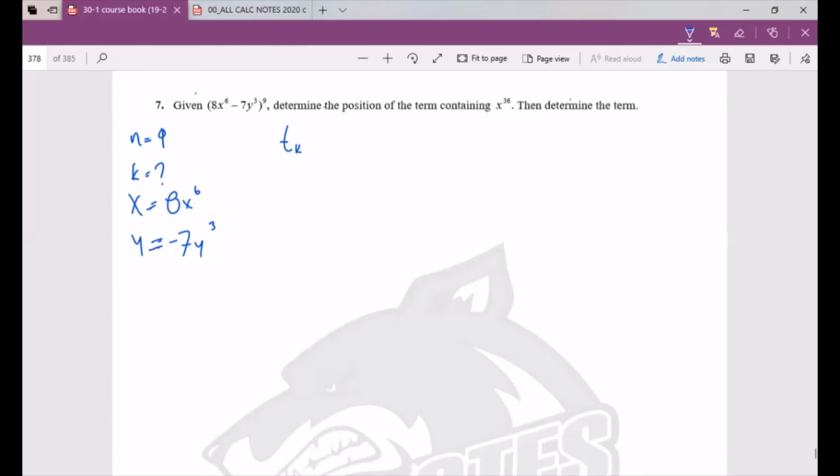Formula: tk plus 1 is equal to nCk, x to the n minus k, y to the k. This will be equal to 9Ck, 8x to the 6, all to the 9 minus k, negative 7y cubed, all to the k.